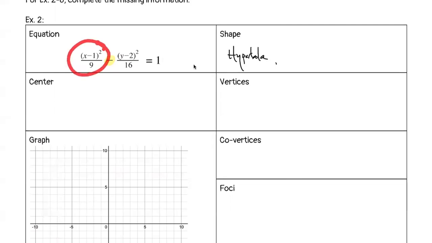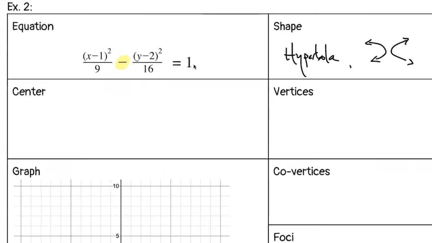The fact that the x comes first means we have a shape that's going to end up looking something like this. Okay. Another thing that folks might do is write 9 as 3 squared and maybe write 16 as 4 squared. Okay.